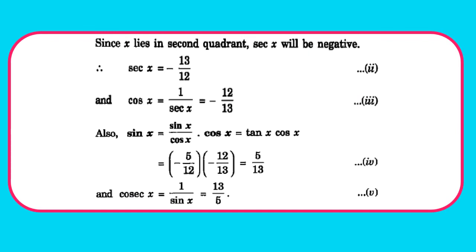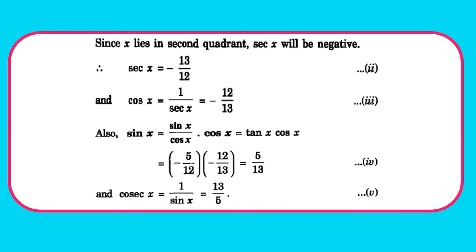Now since it is given that the angle x lies in the second quadrant, and in second quadrant sec x is negative, sec x becomes minus 13 upon 12. Now we have sec x, so we can find cos x, which is equal to 1 upon sec. We know that cos is the reciprocal of sec. So cos x equals 1 upon sec x, which is equal to minus 12 upon 13.